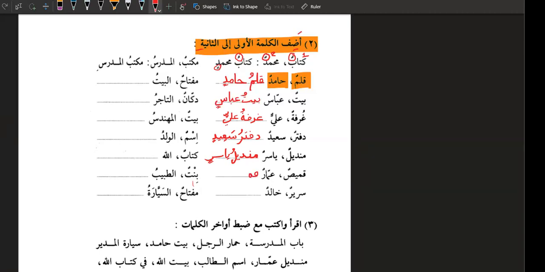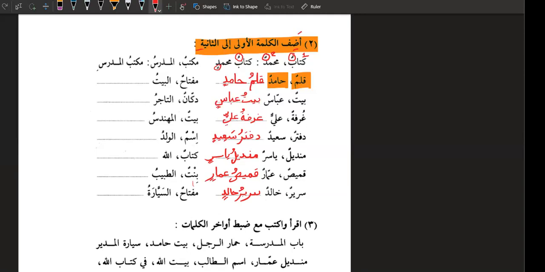إسماعيل قميص عمار. نعم. قميص عمار. ما معنى قميص عمار؟ Ammar's shirt. نعم. سرير خالد. لوجين. سرير خالد. ما معنى سرير خالد؟ Khalid's bed. جيد.